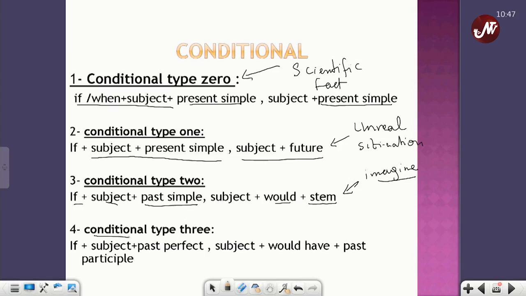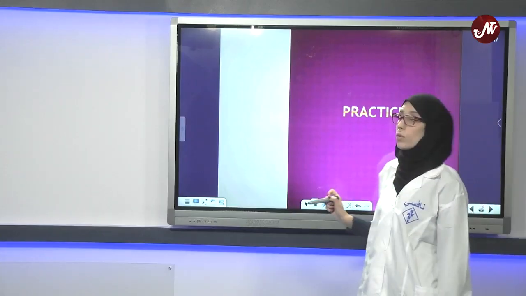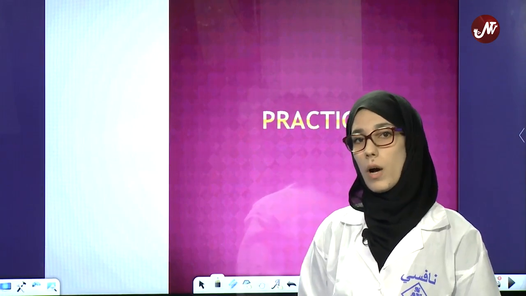Then the conditional type 3, the last one, as we have seen, we use it when we have a hypothesis, also a hypothesis in the past. It means here the condition is hypothetical. Okay, great. We have finished all 4 parts of the conditional. Now we move on to the practice.